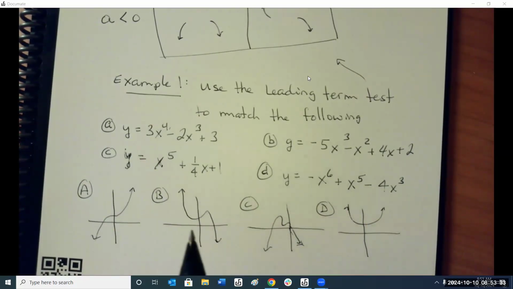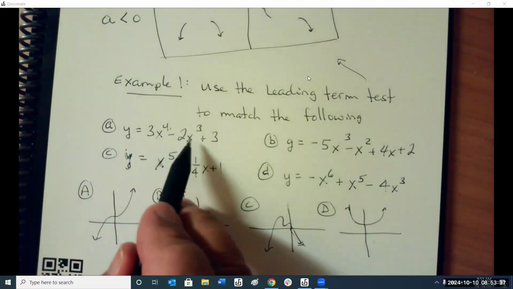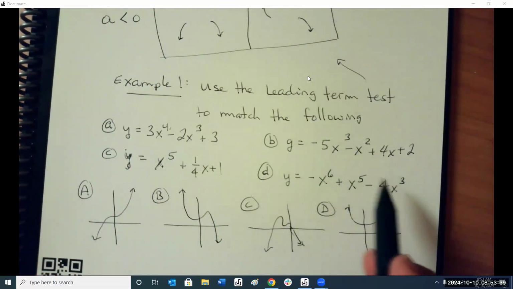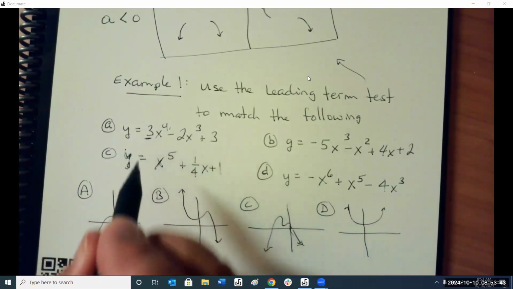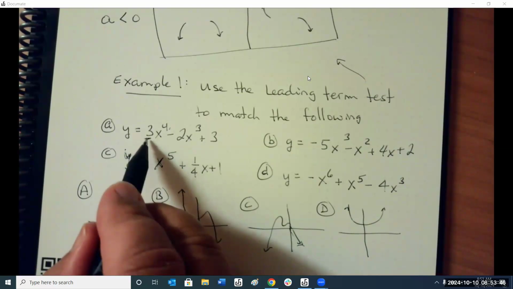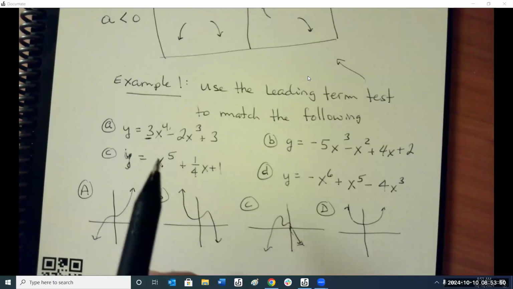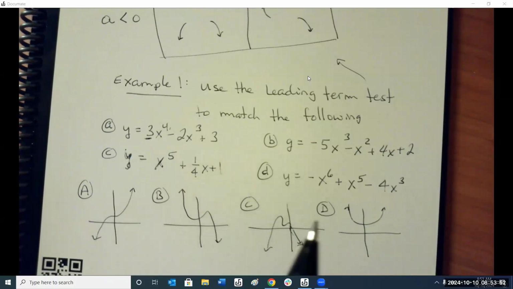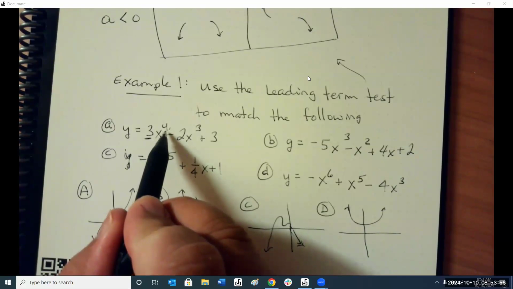Okay, so let's look at these things. We have to look at 2 things. Let's look at the leading term. So make sure with all these numbers, look at the highest exponent. That's the leading term. First, there's A. It's positive. So it's an increasing function, so it's always going to be going up. X to the fourth.